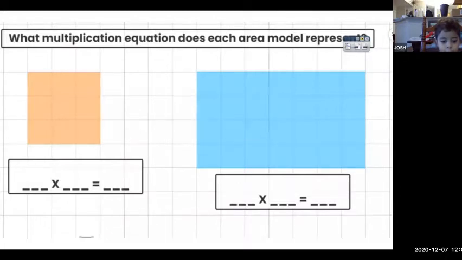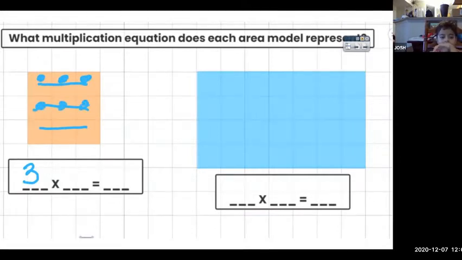So we have rows, 1, 2, 3 rows. But remember that each row is considered a group in an area model. So if we have 3 rows, we have 3 groups of, and then we count how many are in each row. 1, 2, 3 in the first row, 1, 2, 3 in the second row, and 1, 2, 3 in the third row.